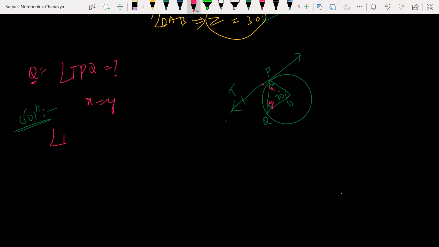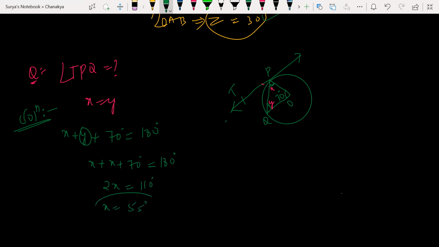So from the triangle, x plus y plus 70 degrees is equal to 180 degrees. X only plus 70 degrees is equal to 180 degrees. So 2 times x gives me 110 degrees. X gives me 55 degrees. So then y will also be 55 degrees.